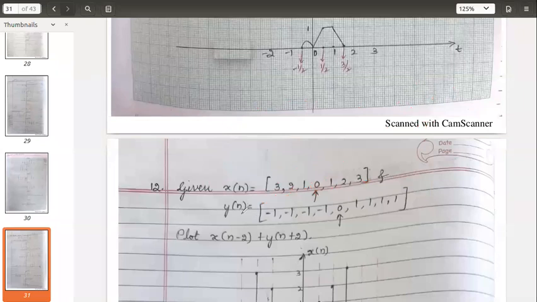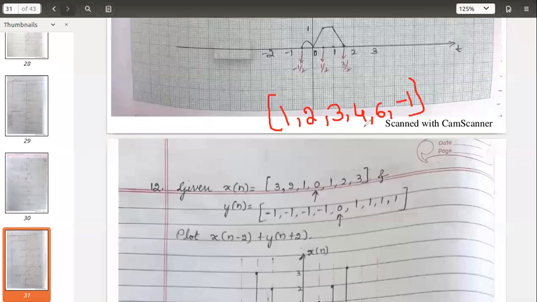Similarly, you can draw y of n. Y of n, again, there is an arrow mark. Arrow mark indicates the origin point. Don't think that it is only at a 0 origin like this. The signal may be like this also. See, I'll just give you one example. Something like this.